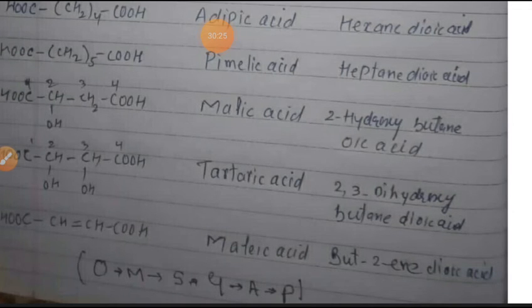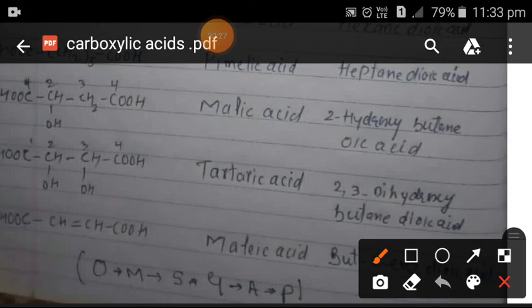Actually, there are two terminal carboxylic acid groups. In between the carboxylic acids there is one methyl group, then two methyl groups, then three methyl groups. In between the terminal carboxylic acid groups there are four methyl groups, and then five methyl groups.